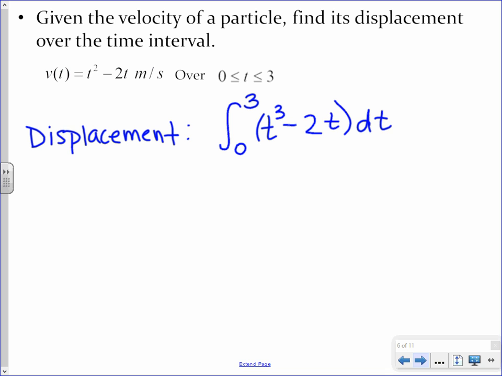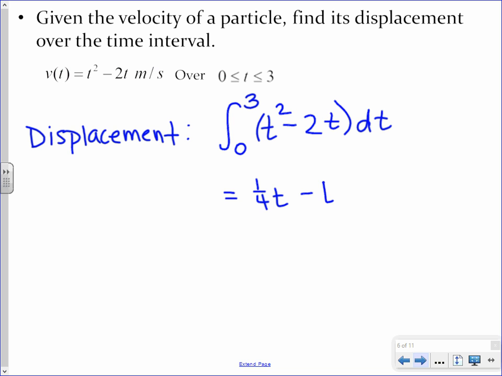All right, so Josh, what's our antiderivative for this? This one is t squared. Oh, no. Sorry, Josh.